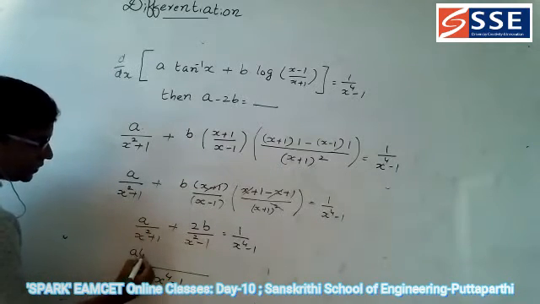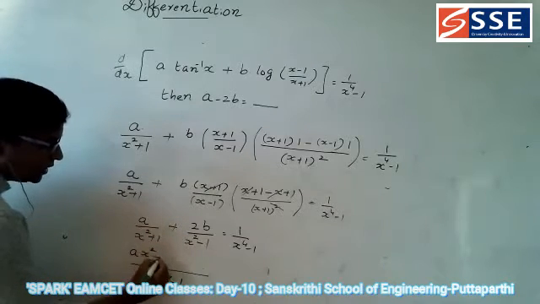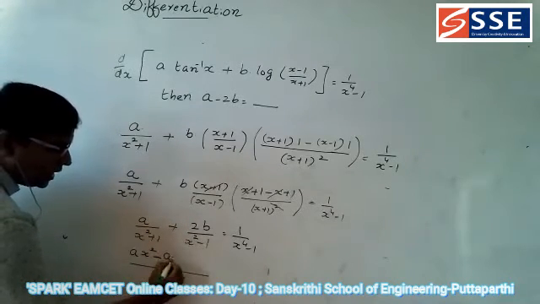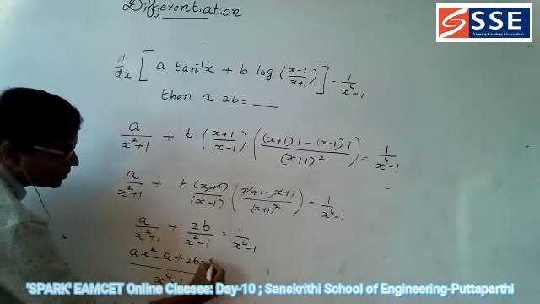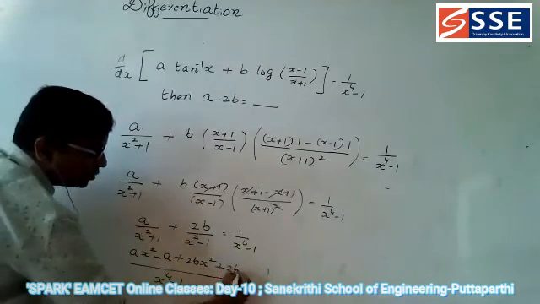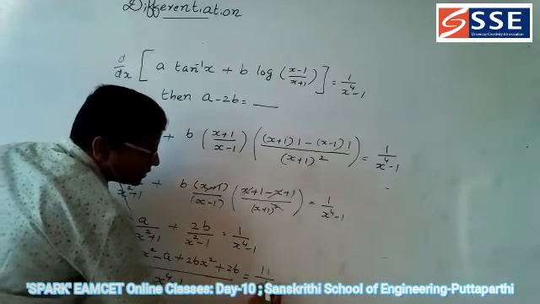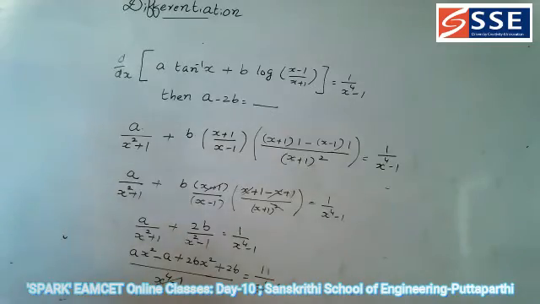a into x square, a x square minus a into 1, a plus 2b into x square, 2b x square minus 2b, plus 1 plus 2b is equal to 1 by x power 4 minus 1. Both the denominators get cancelled. Why?